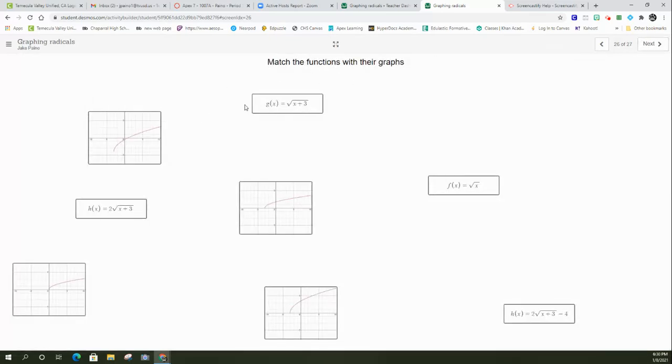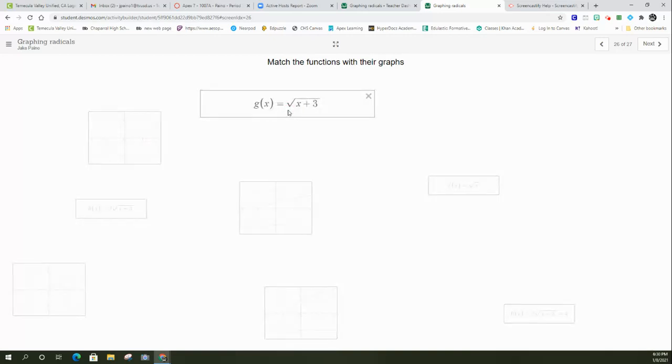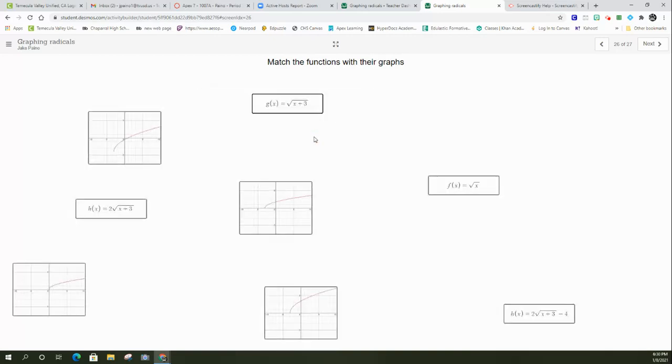All right, so we want to try to match these graphs up. Which graph is going to match x plus square root of x? That's shifted 3 spots to the left. So that looks like that one. And then which one's the parent function?